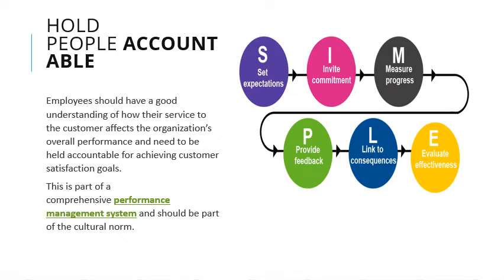If any misleading encounters happen, they should be linked to consequences and the effectiveness evaluated. This is the simple method for people accountability. We can measure things and see whether the customer is satisfied or not, and comprehensively improve our performance management system in order to build a cultural norm.